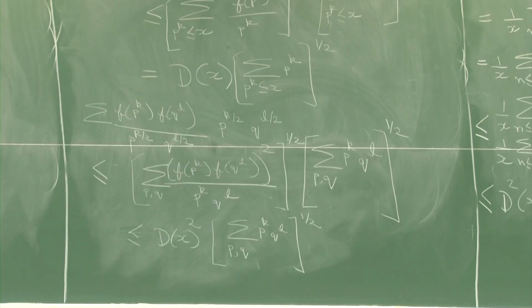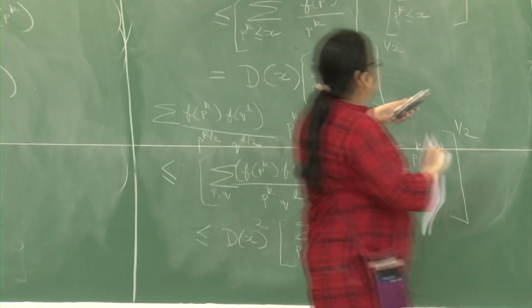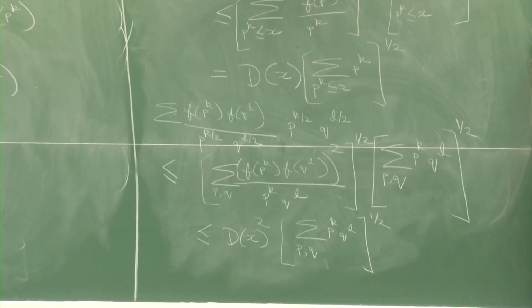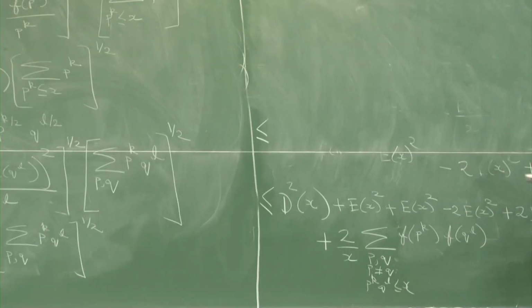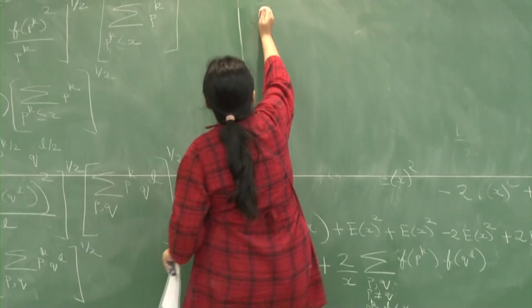Similarly, what do we have? We have d of x whole square plus 2e of x over x times this, which we have estimated here in terms of d of x. Now, we make another observation. What is e of x itself?